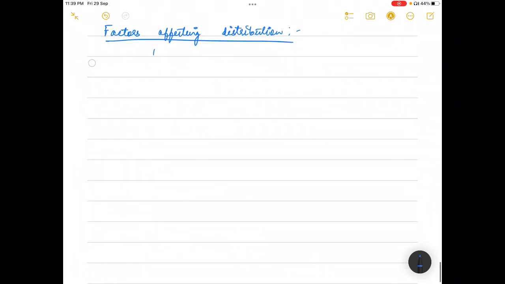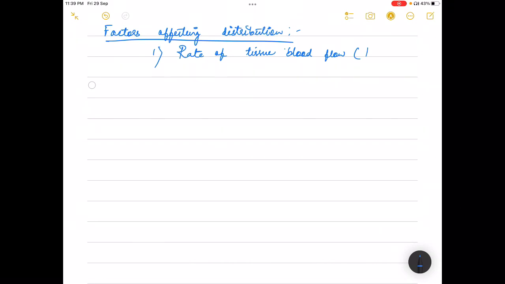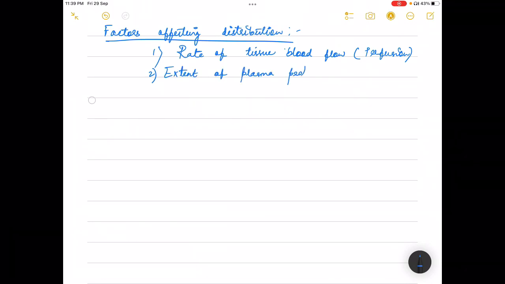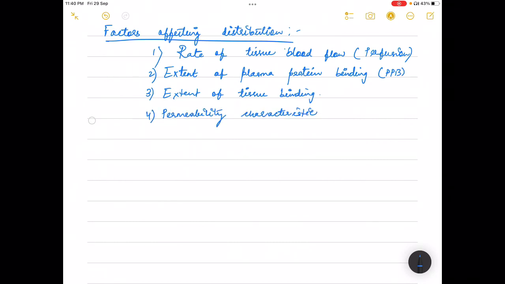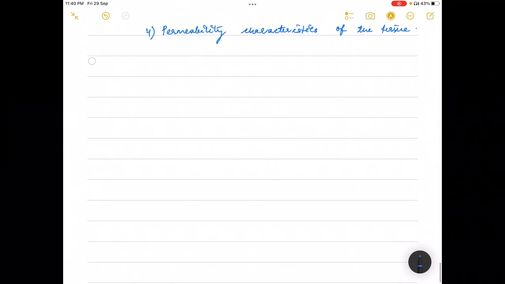The first is rate of tissue blood flow, that is otherwise known as perfusion. Second is the extent of plasma protein binding. Third is extent of tissue binding. Then fourth is permeability characteristics of the tissue.